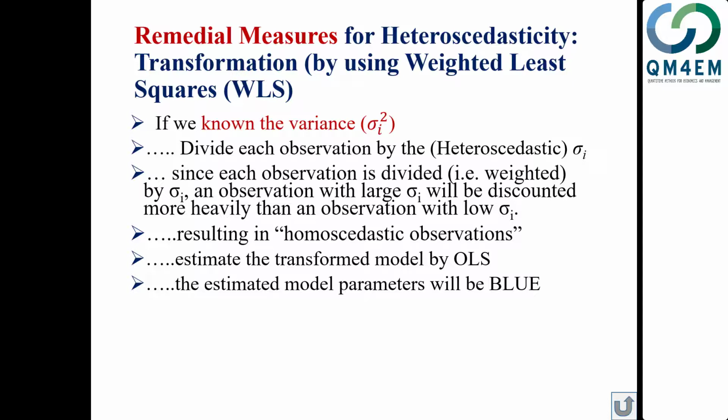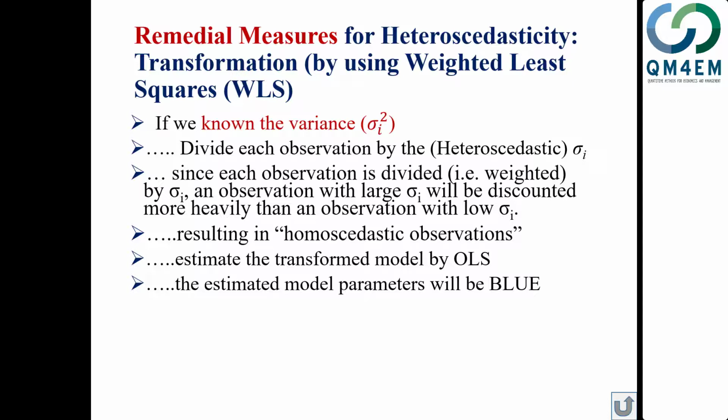Let me revise it again in simpler words. The weighted least square method is applied to fix the problem of heteroscedasticity when the heteroscedastic variance is known. This procedure works as follows. First, we get the heteroscedastic variance, then we divide each observation of the data by the respective heteroscedastic variance.